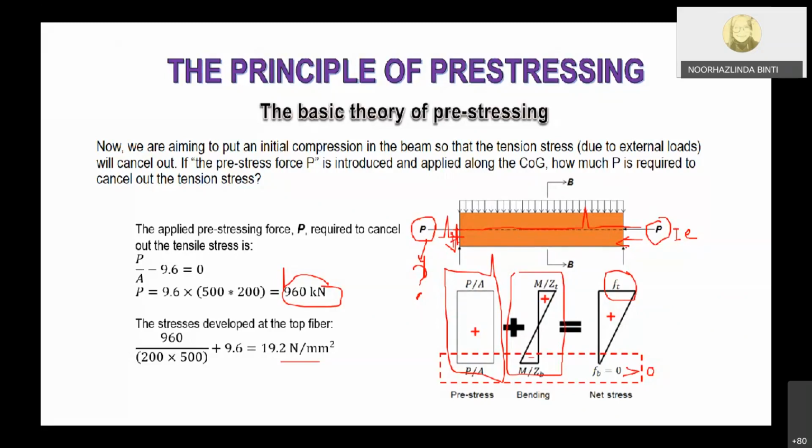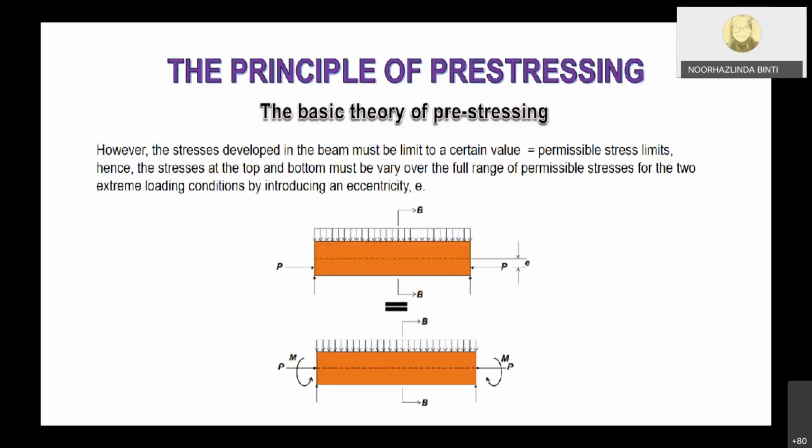So in this particular topic, I just want to introduce to you how pre-stressing is calculated, the basic theory of pre-stressing. So this is the principle of pre-stressing in pre-stressed concrete design. Okay, this is what I told you just now about the introduction of the E value here.